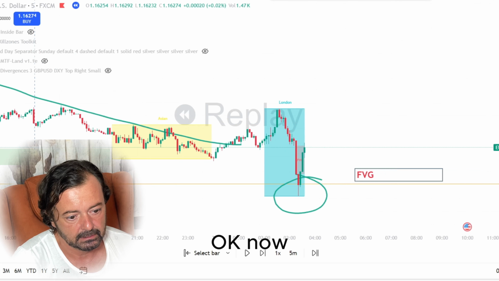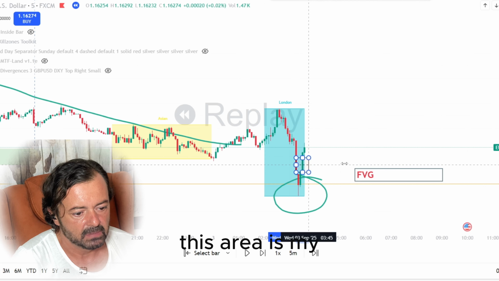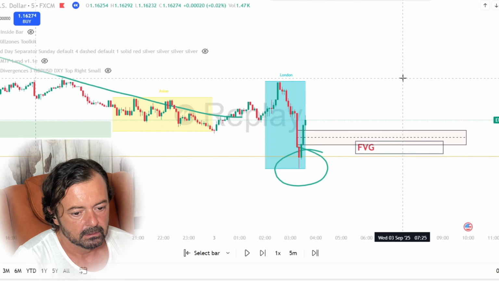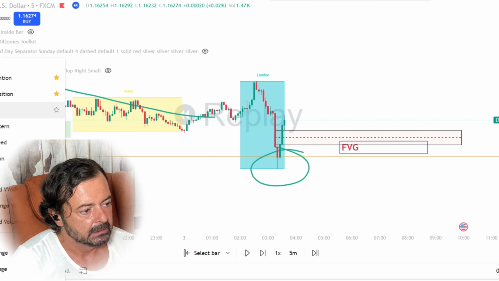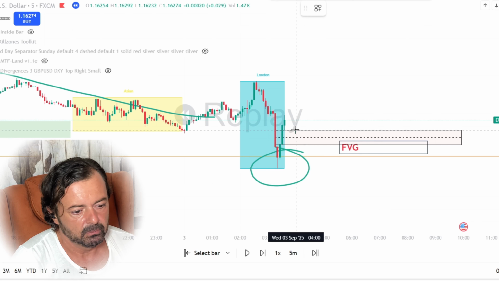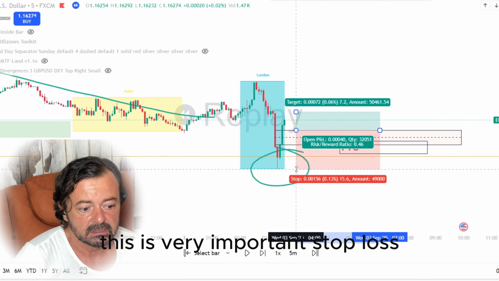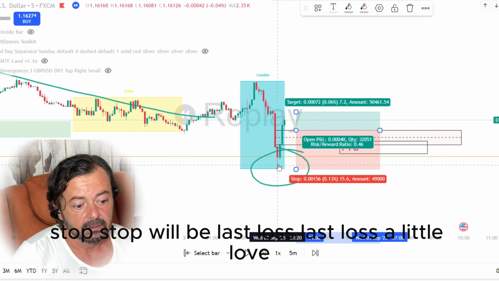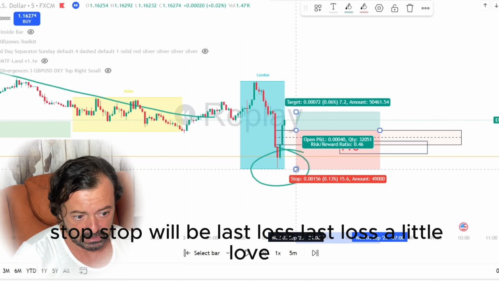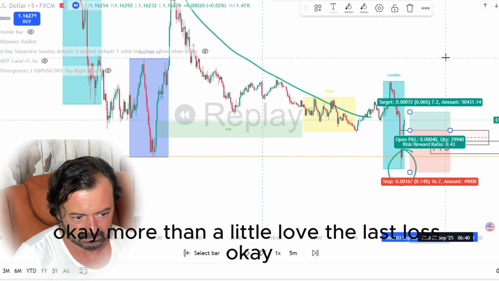Real FVG. Okay. Now, this area is my entry. I'm putting a long position here. This is very important. Stop loss will be a little below the last low.